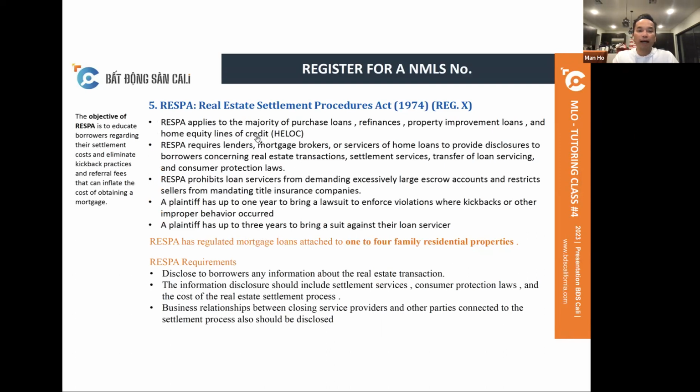Okay, RESPA applies to the majority of purchase loans, refinances, and property improvement loans. What is a property improvement loan? A property improvement loan means that you may borrow a loan to renovate your home, okay?